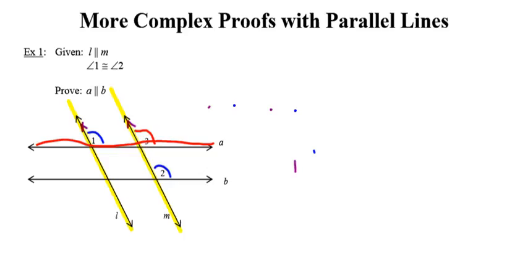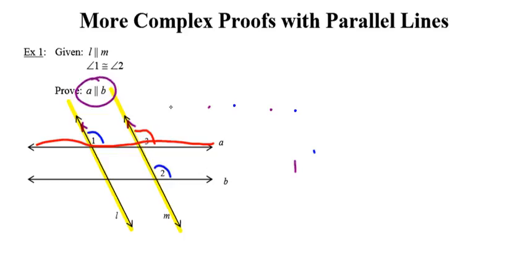So now, if you look at the way I've marked the diagram, not only are angles 1 and 3 congruent, but angles 3 and 2 are congruent as well. And angles 3 and 2 for lines A and B are corresponding angles. And we know that anytime we have corresponding angles that are congruent, the lines must be parallel. So that's what we're trying to show.